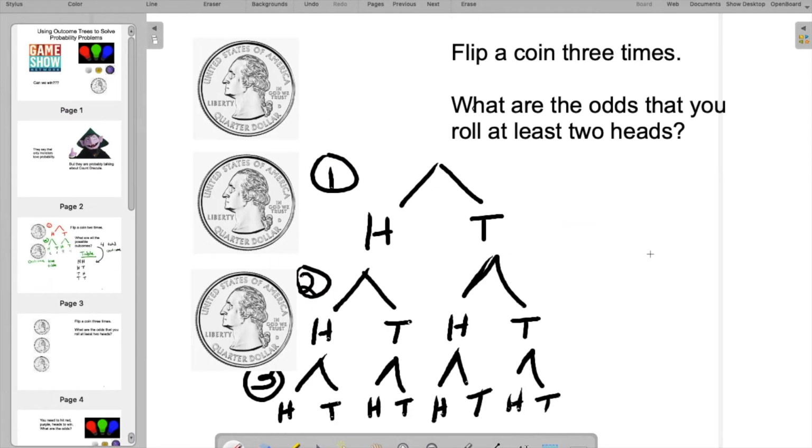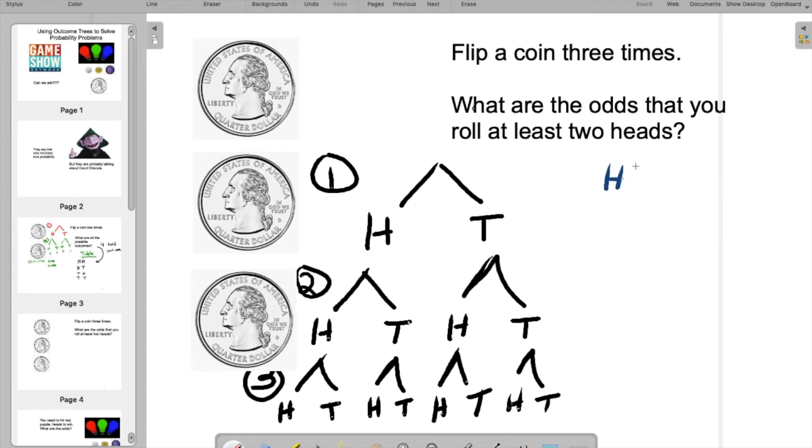Our next question is going to cover if we flip that coin 3 times instead of twice. And then it asks the question, what are the odds that you roll at least 2 heads? So to speed us up a little bit, I already drew the outcome tree. Now we have to create the outcome table, which means for the first item, we have heads, heads, heads. That's right here.